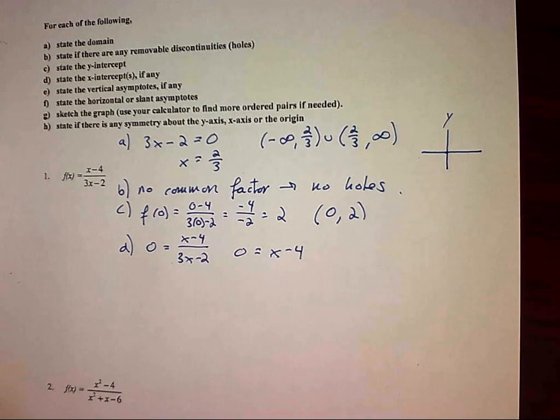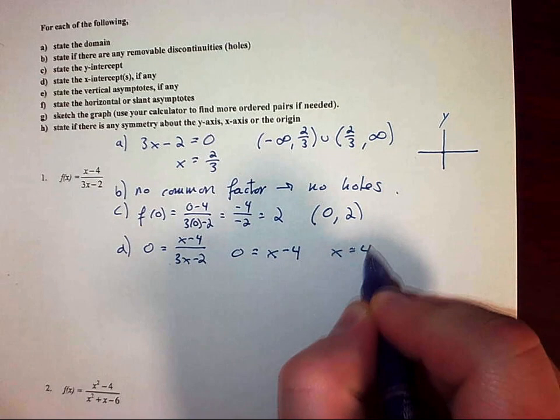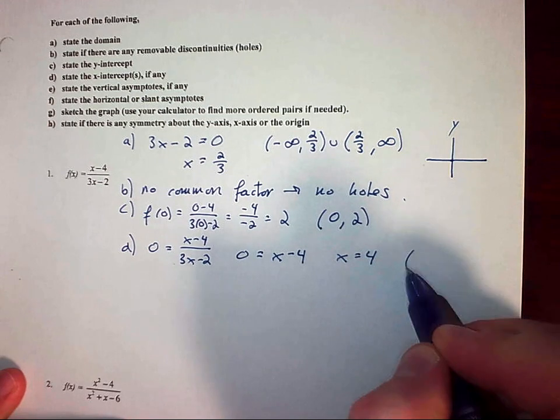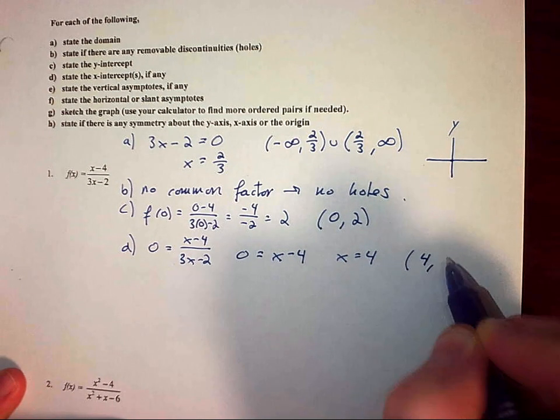Now if we're still trying to solve for x, I think we're all good with the fact that x is equal to 4. So our x-intercept is going to happen at x is equal to 4. So therefore our x-intercept is 4, 0.